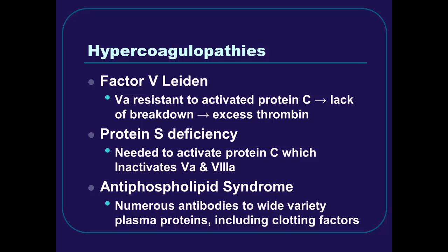Protein S deficiency is also autosomal dominant. Protein S assists in the activation of protein C. So protein C, as we talked about before, inactivates Va. So if you don't have enough protein S, you don't have enough protein C, and once again you continue to have the activity of Va, and in that environment continue to clot.